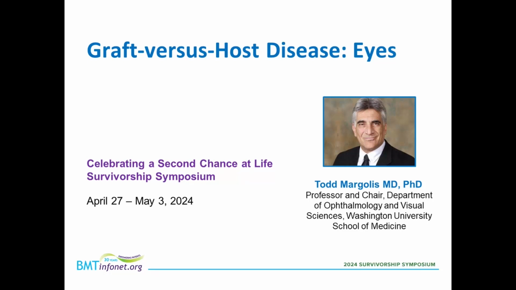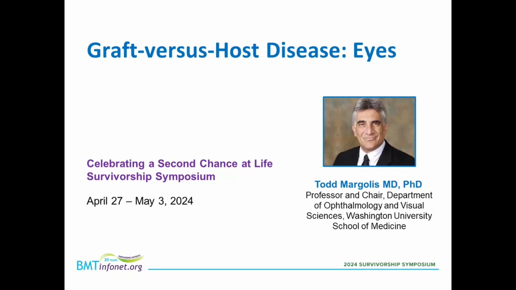It's now my pleasure to introduce to you our speaker, Dr. Todd Margolis. Dr. Margolis is the Albert and Edith Wolf Distinguished Professor and Chair of the Department of Ophthalmology and Visual Sciences at Washington University in St. Louis, Missouri. His areas of specialty include infectious and inflammatory eye diseases, corneal disease, and uveitis.